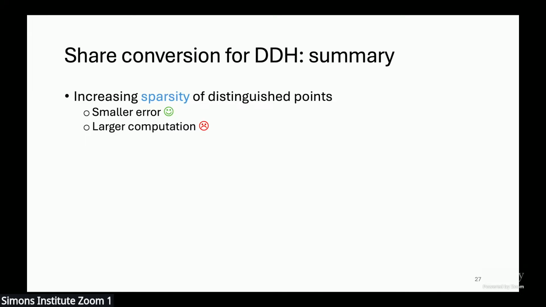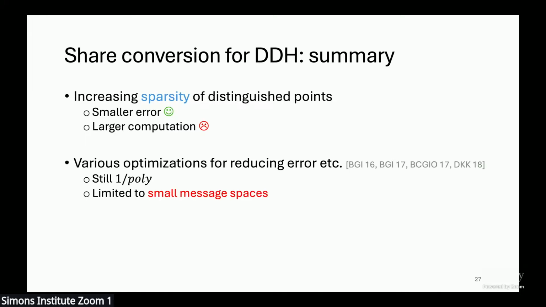So the annoying thing about this is that despite many optimizations to this blueprint over a few years, there's basically no way of getting rid of this 1 over polynomial failure probability. And a second side effect of this is it also, of course, limits us to small message spaces because we need that these two input shares, G0 and G1 of Alice and Bob, can't be too far apart.